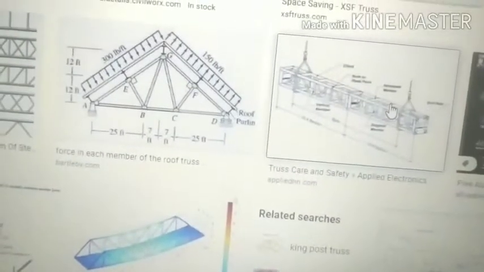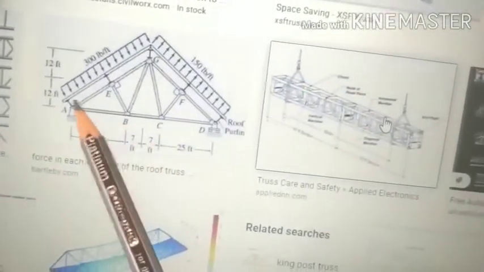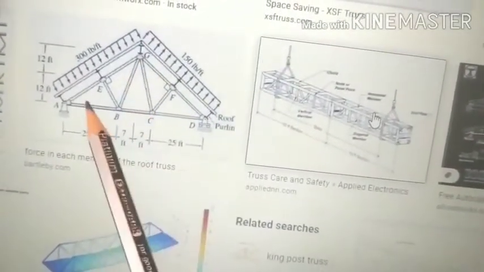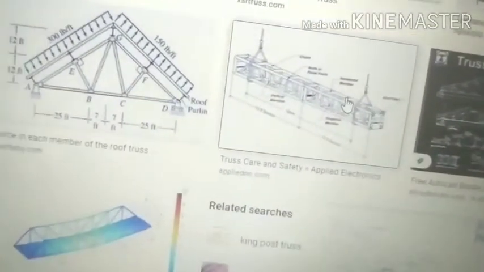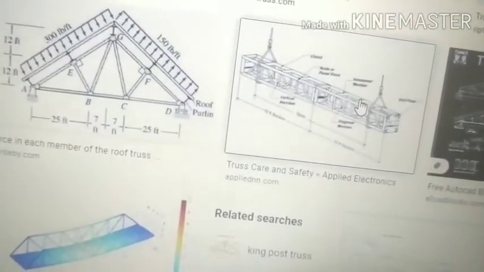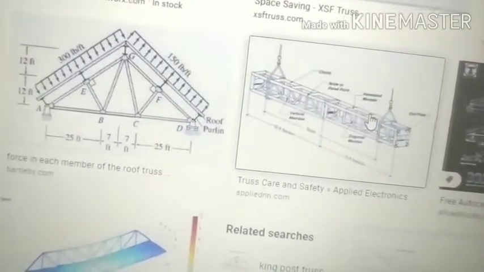So this is called a truss. A truss is made up of a number of bars, placed in different positions like inclined, vertical, horizontal, depending upon the structure design. The more bars you add, the more stiffness there will be.